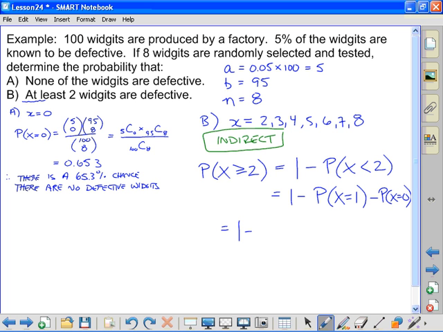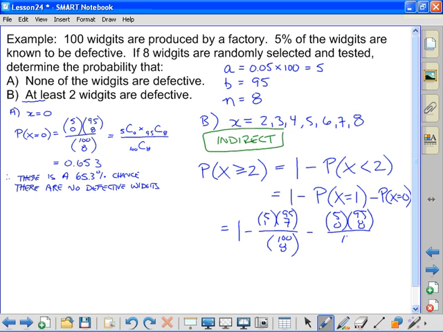So just moving over here, 1 minus, so the probability of 1 faulty widget would be 5 choose 1, 95 choose 7, divided by 100 choose 8, minus 5 choose 0, 95 choose 8.